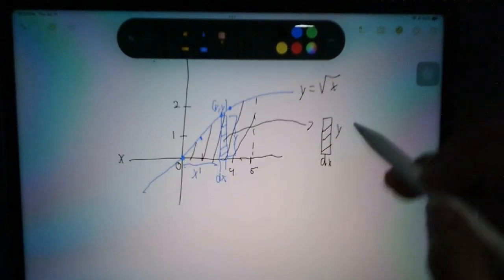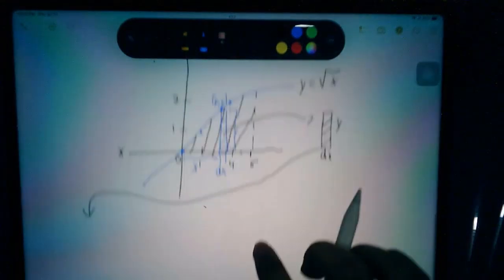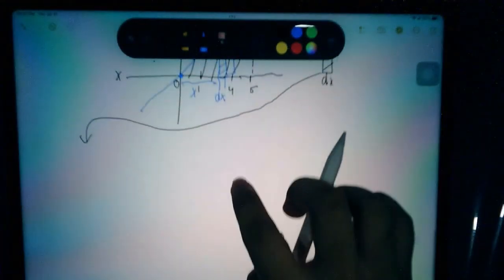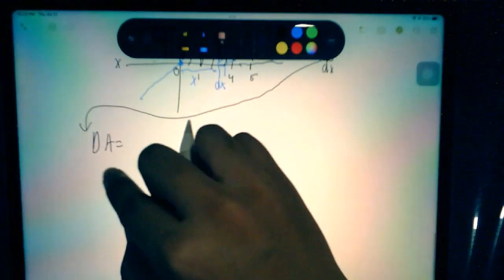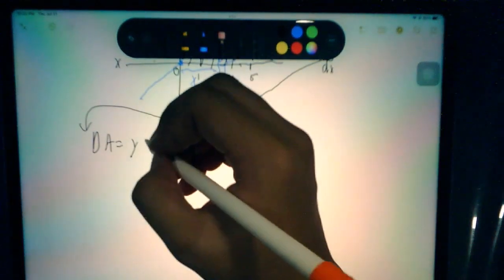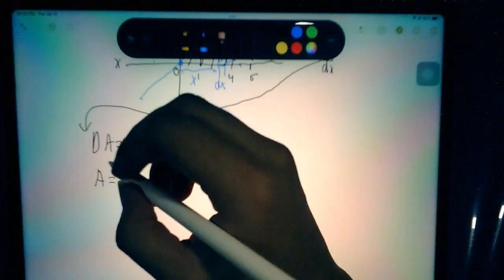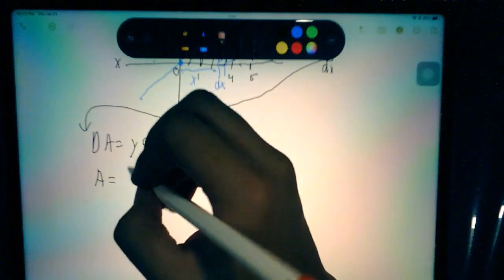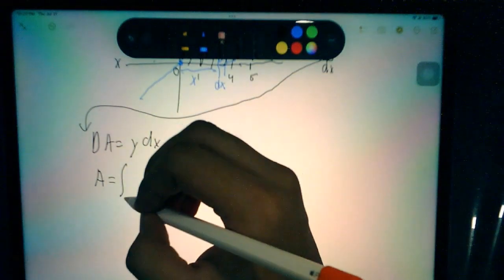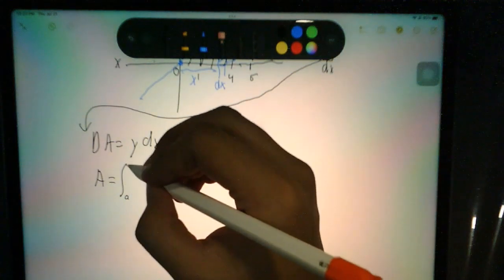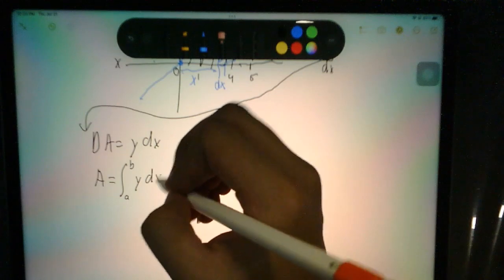So as you guys remember, our differential area is just equal to y dx. And now the integral area is equal to the integral from limits a to b of y dx.